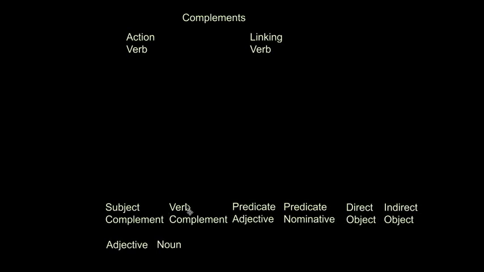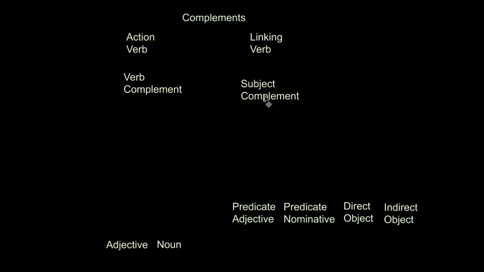If you're dealing with an action verb, then you know that it's going to be a verb complement. If it's a linking verb, it's going to be a subject complement, and there is an entirely other video on subject complements. So, if you have a verb complement, that is going to be a direct object.